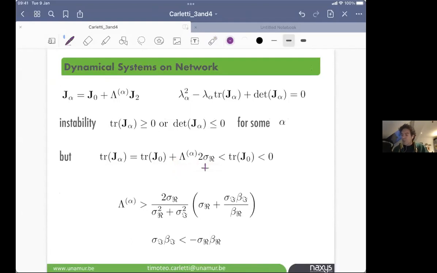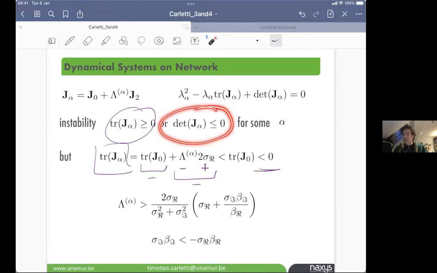So this is positive, this is negative, so all this part is negative. We already know that the trace of J0 should be negative to have stability of the linear part. So the trace of J alpha is always negative. So you cannot have this first condition. So you can only destabilize your system if the determinant is negative.